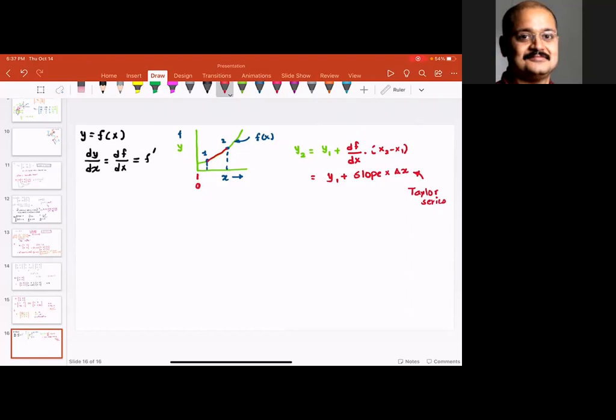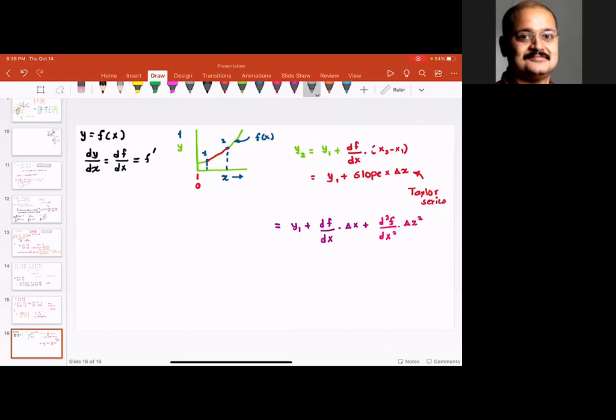If I want to increase the fidelity of this expression, or make this equation more accurate, I can do it like this: y1 plus df by dx multiplied by delta x plus d2f by dx squared multiplied by delta x squared.